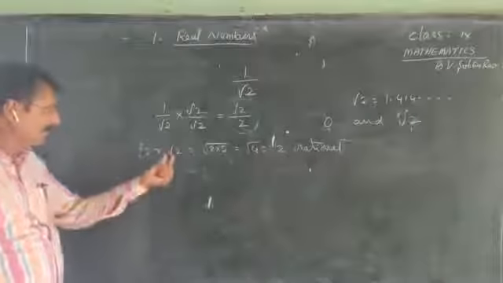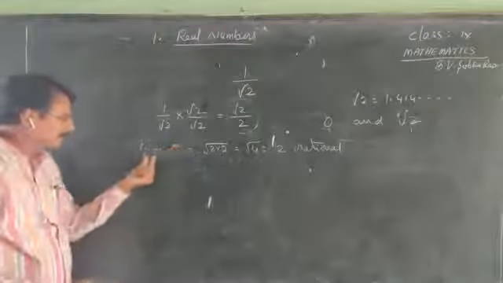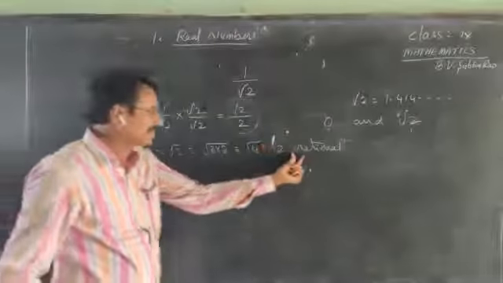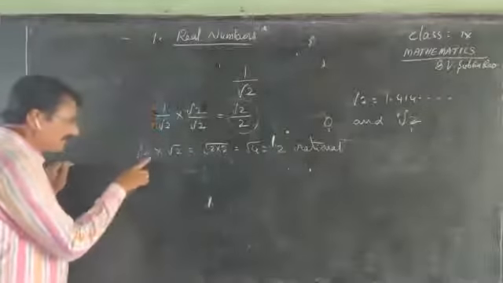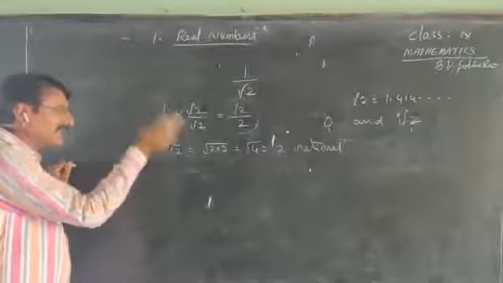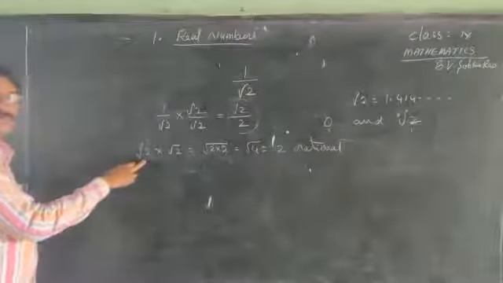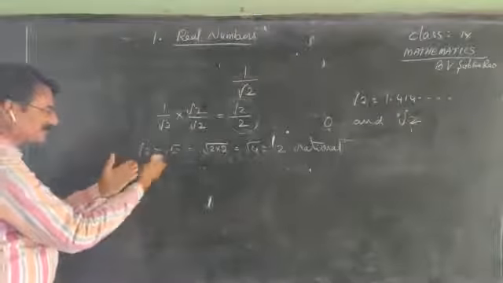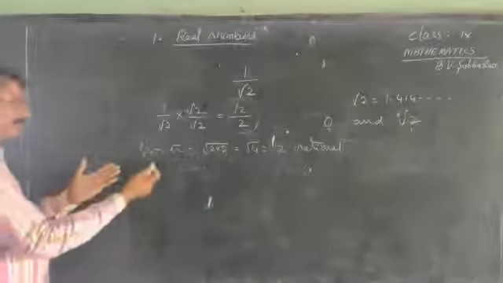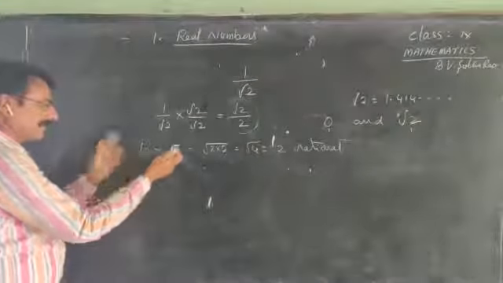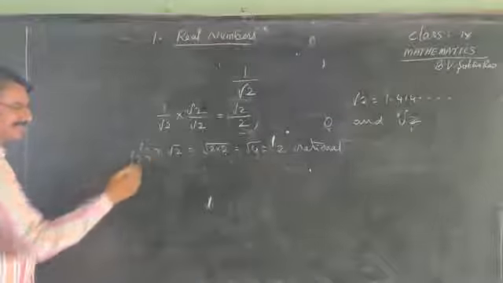Now, the product of two irrationals is a rational. Then root 2 is a rationalizing factor of root 2. You observe both are the same terms. So these two are rationalizing factors to each other.